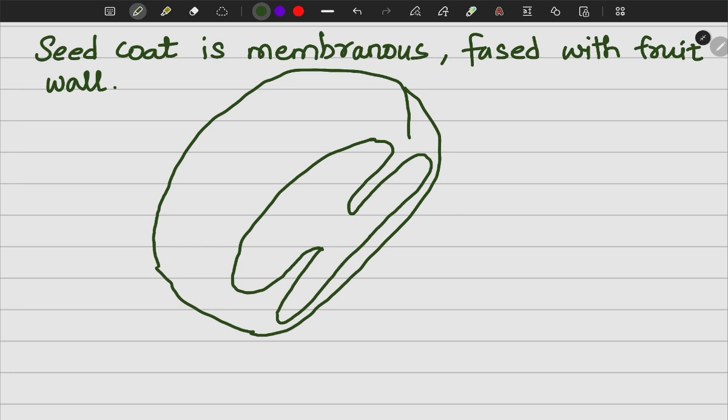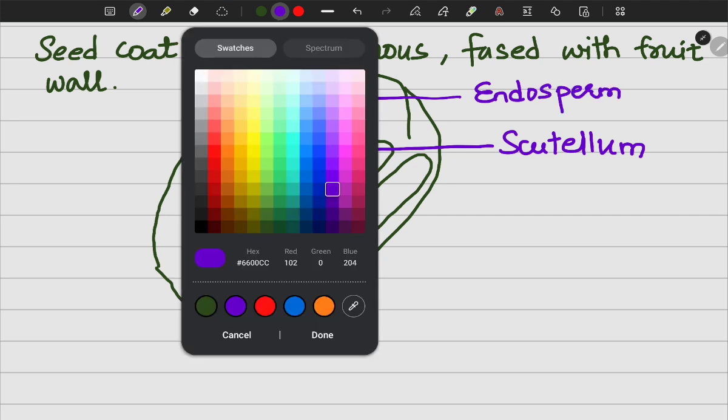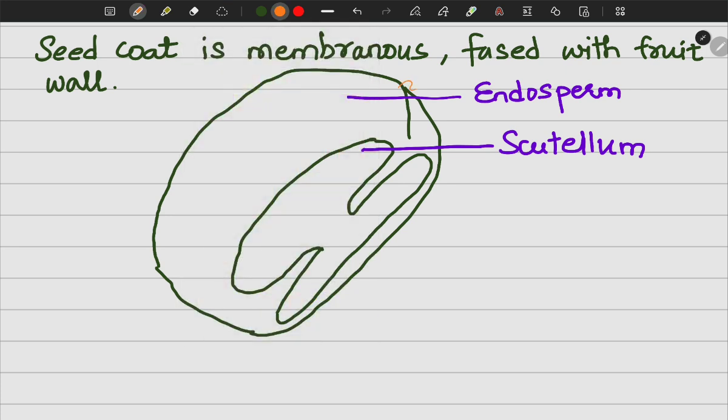So let me label it. This one is your cotyledon. This cotyledon has a name. It is called a scutellum. Then this will be the endosperm. Now the endosperm has a protective layer which separates it from the embryo.